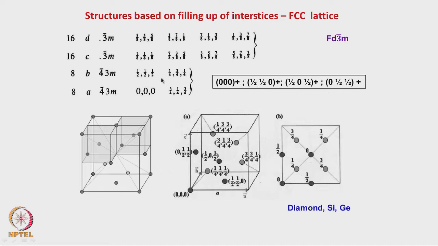Around each lattice point, these are all the positions where the atoms are going to be. It is not the same as in FCC. The lattice is FCC, okay, but around each lattice point the atom is occupying some special positions.